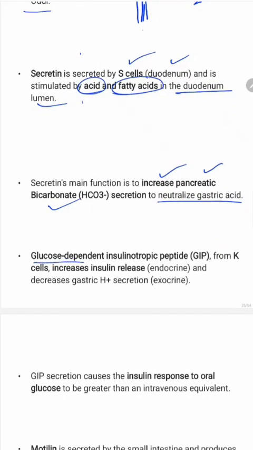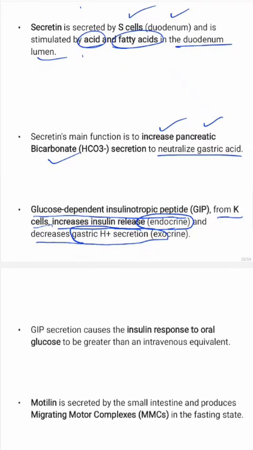Now, glucose dependent insulinotropic peptide, GIP. So this is secreted from K cells and it increases insulin release, an endocrine function, and exocrine function is to decrease gastric H plus secretion. Okay, so GIP increases insulin release while decreasing acid secretion. Now, GIP secretion causes the insulin response to oral glucose to be greater than an intravenous equivalent.